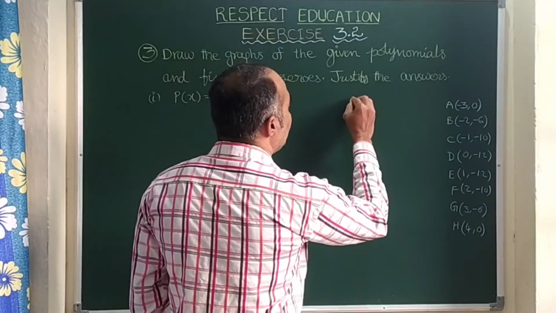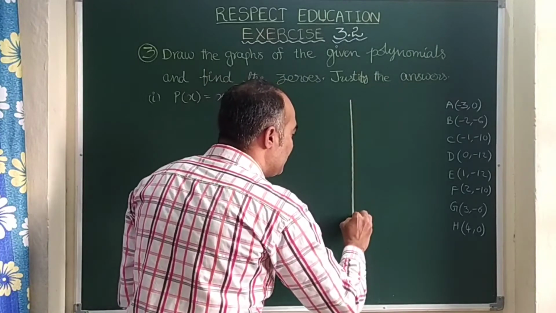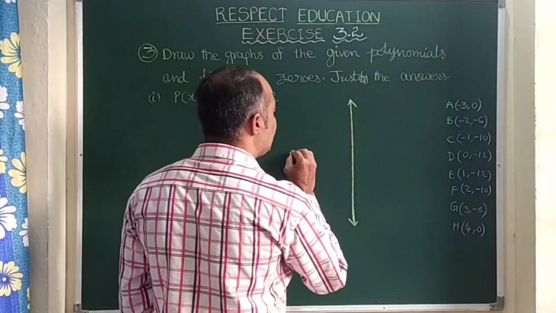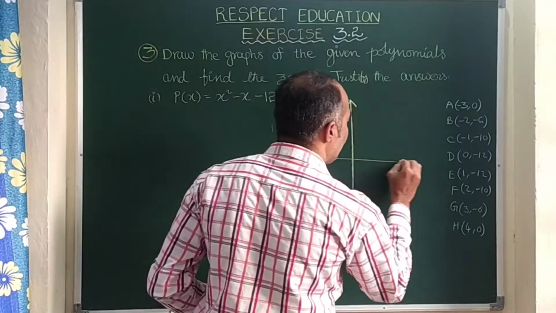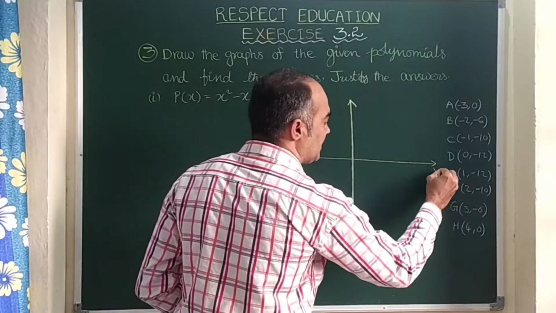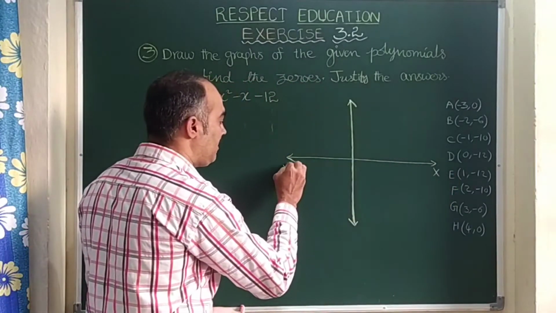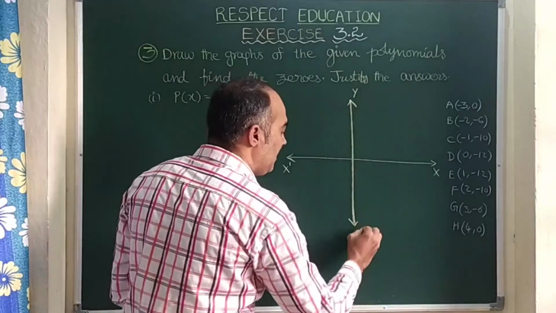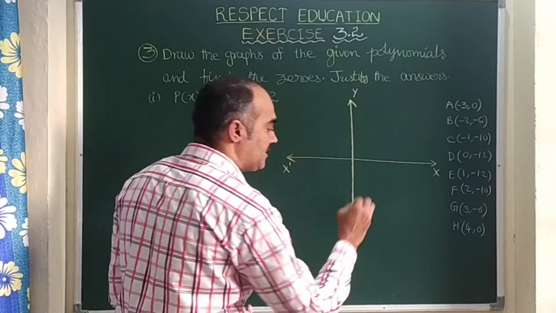So in the graph paper, you know, coordinate axis, this is y axis, this is x axis. So we write this as x, this is negative x, or we can call it x dash. This is y, negative y or y dash.